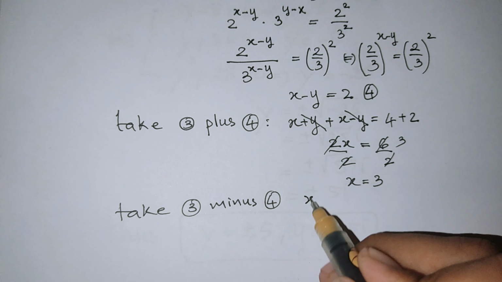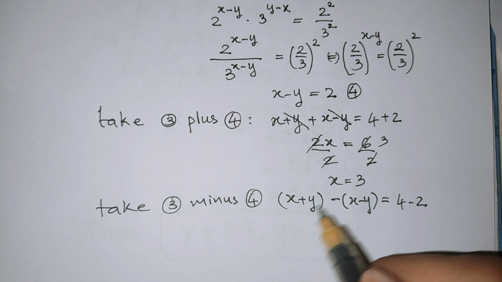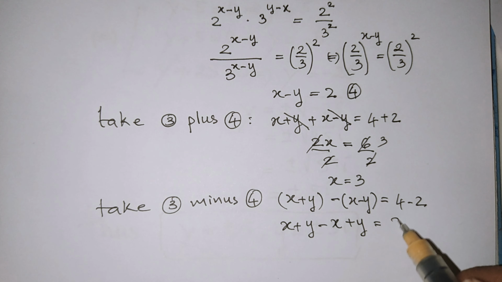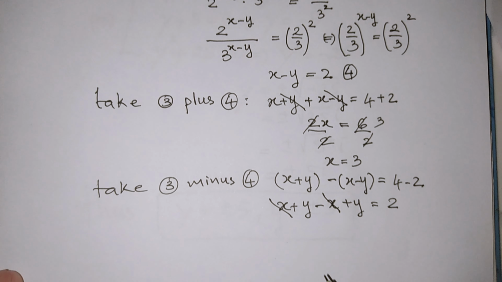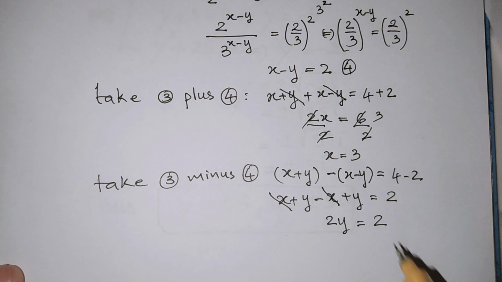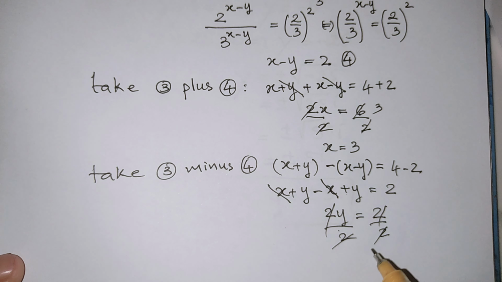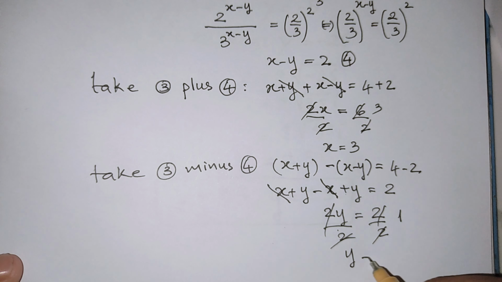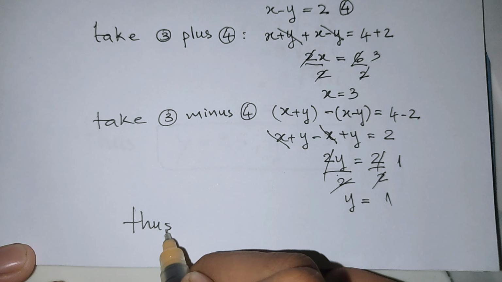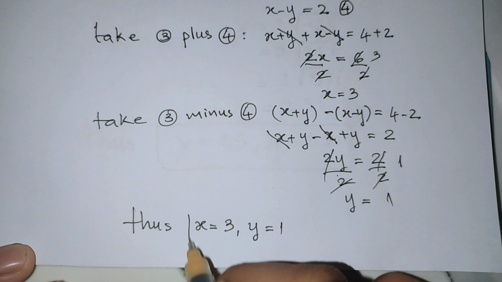We get x plus y minus x minus y equals 4 minus 2. We expand this, and we get 2y equals 2. We divide both sides of this equation by 2, and we get 1. So y equals 1. So now we have the values of x and y: x equals 3 and y equals 1 is our solution.